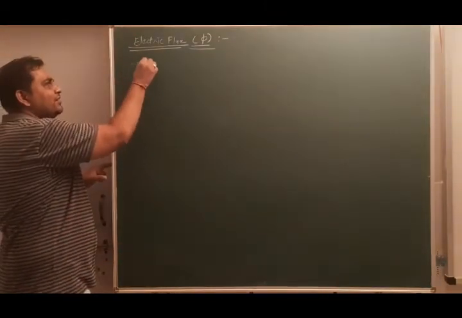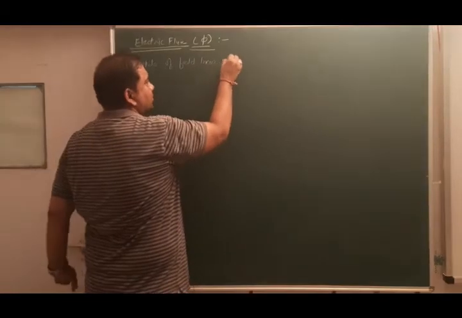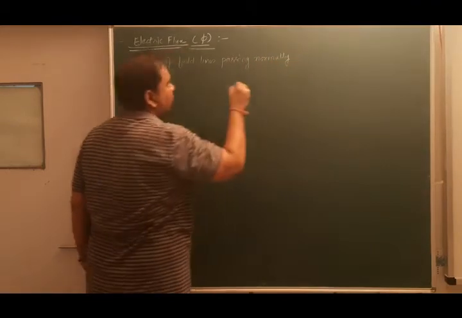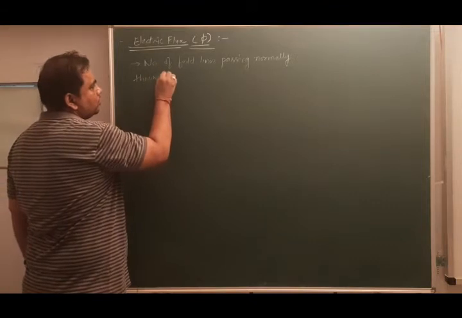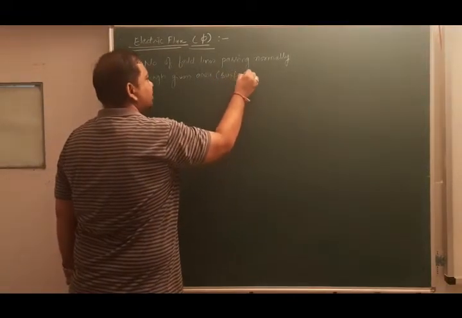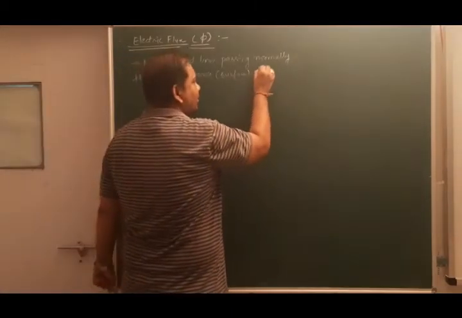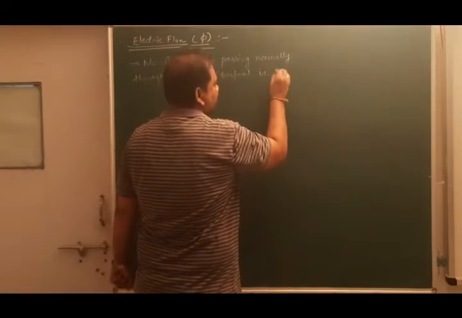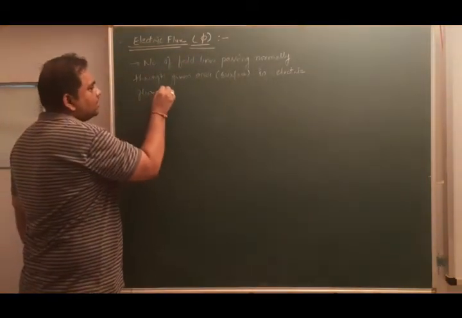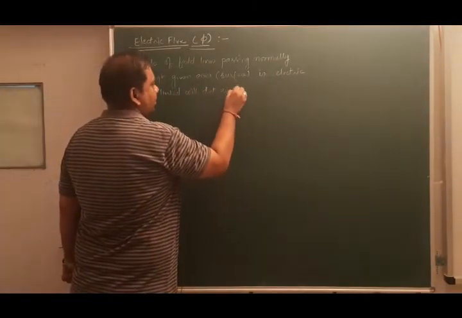By definition you can say that number of field lines which are passing normally through given area or surface is nothing else but electric flux linked with that area.